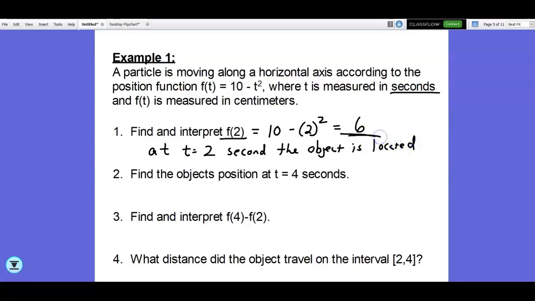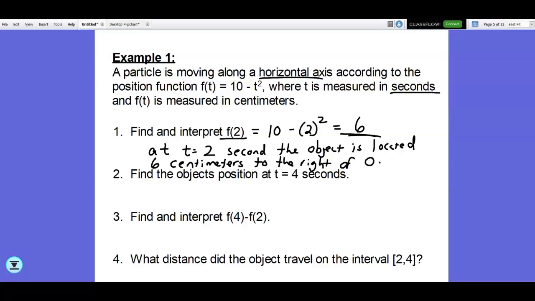Now I end up with a positive 6 for my position. So that means it's located 6 units, since we're on a horizontal axis, 6 units to the right of 0, or 6 centimeters, I should say. It's to the right because it's a positive 6.